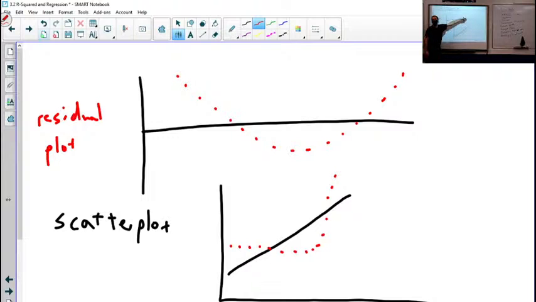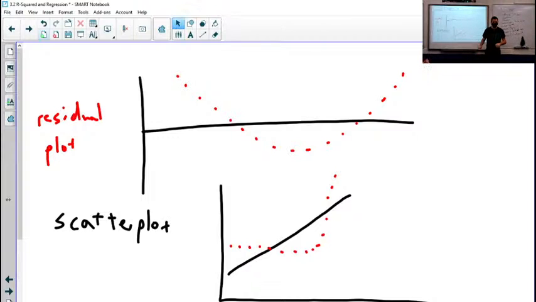That's not a linear pattern in the actual scatter plot itself. So if I have some kind of curved or clear pattern with the residuals, that's going to tell me that I don't have a linear association. That's a clue for not having a linear association.